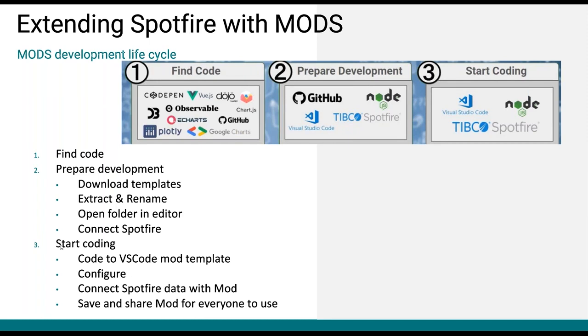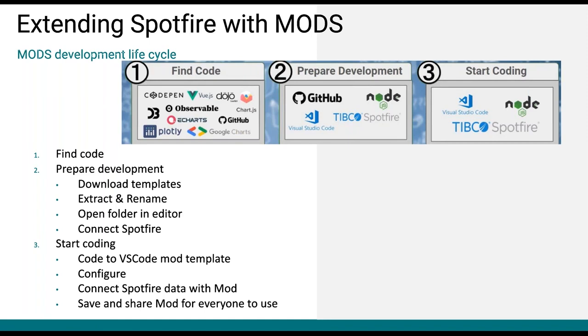Let me go to the third step, which is starting code. Of course, we start from some already existing source and we have to adapt the code somehow. That is done using the Spotfire API, which is one of the challenges with mods development.